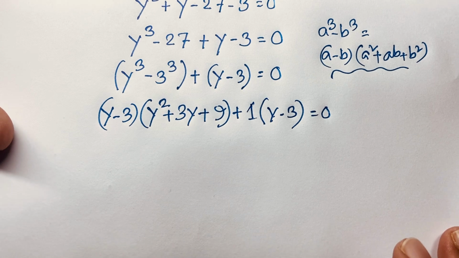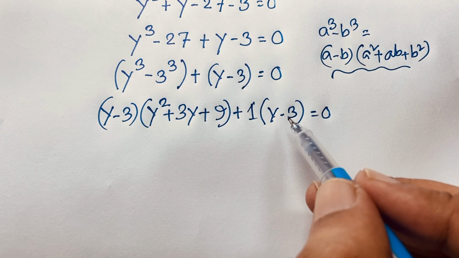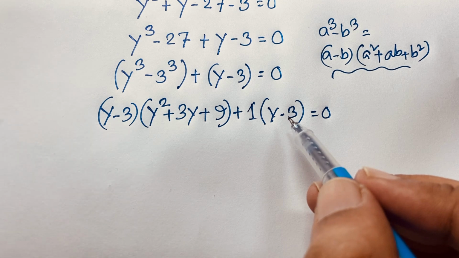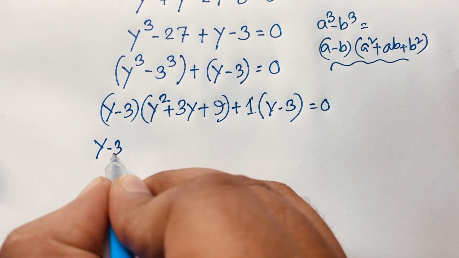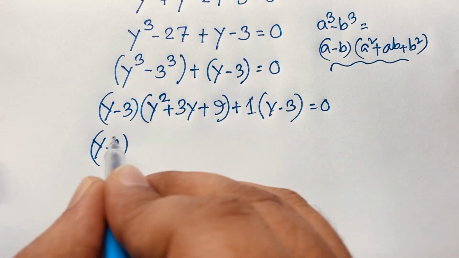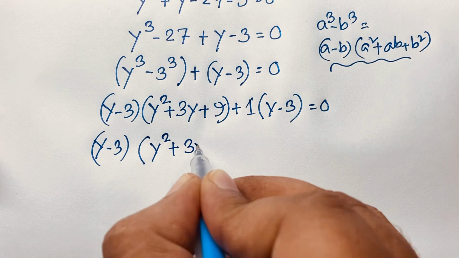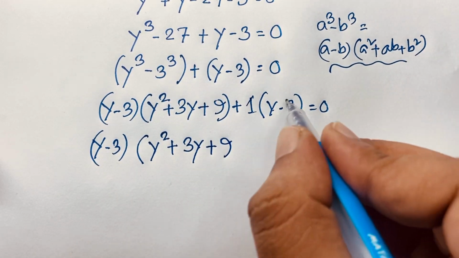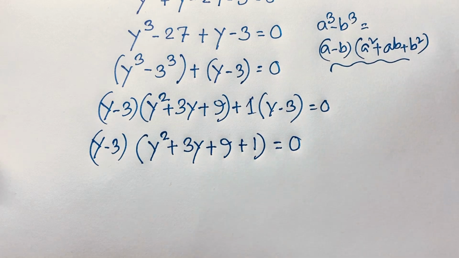Now at this moment you can see here is y minus 3, this is y minus 3. So here y minus 3 is common. So if I take y minus 3 common, you can see this divided by this will be y square plus 3y plus 9, and this divided by this will be positive 1 is equal to 0.